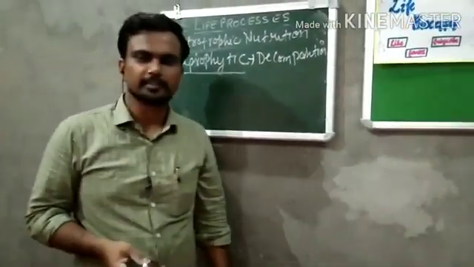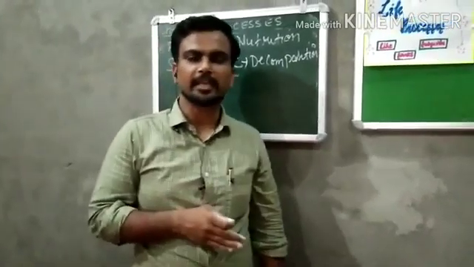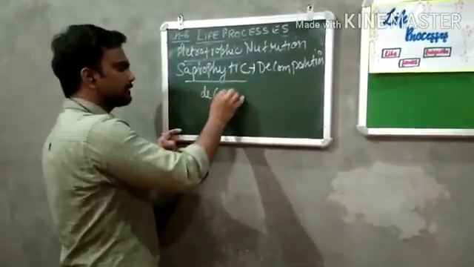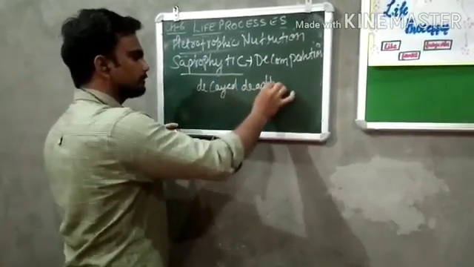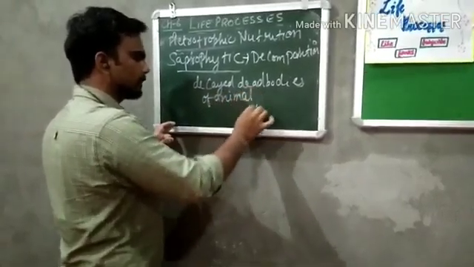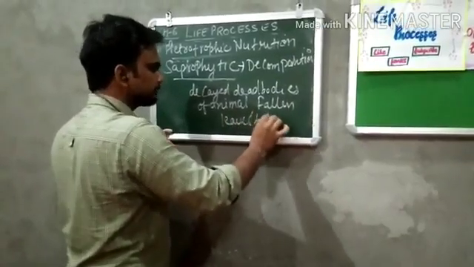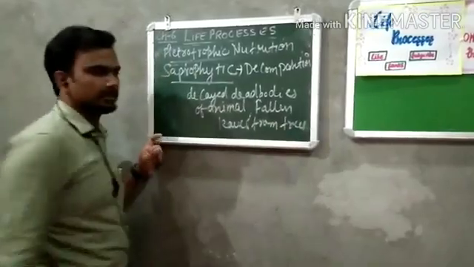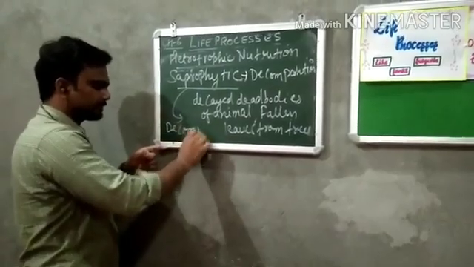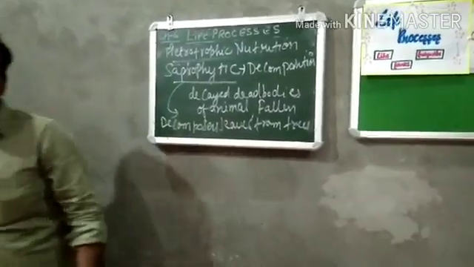Saprophytic nutrition is the nutrition in which an organism gets its food from dead and decayed organisms present on the earth's surface, like decayed dead bodies of animals, fallen leaves from trees, etc. These organisms are also known as decomposers. So this is the saprophytic mode of nutrition.